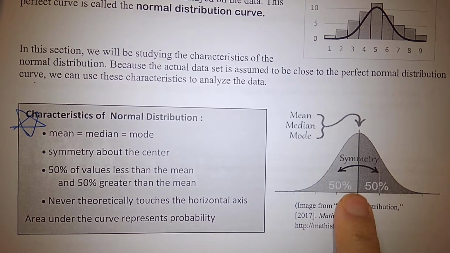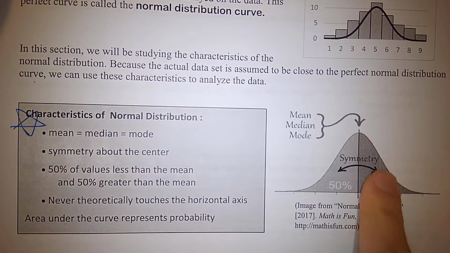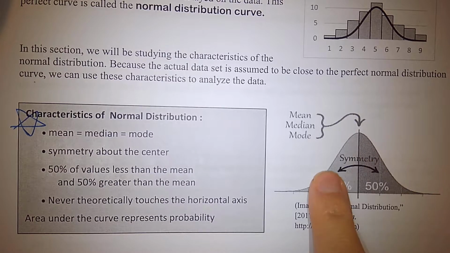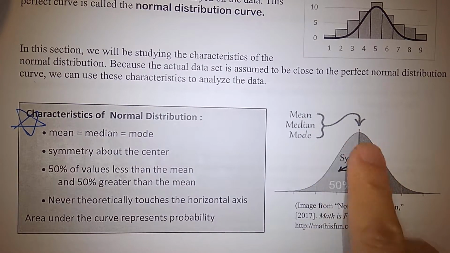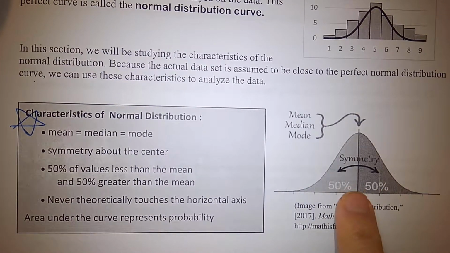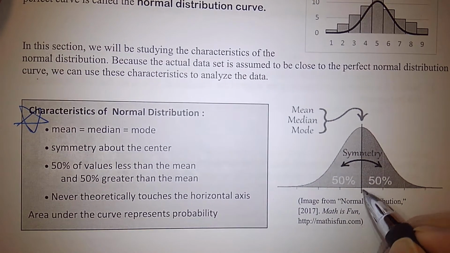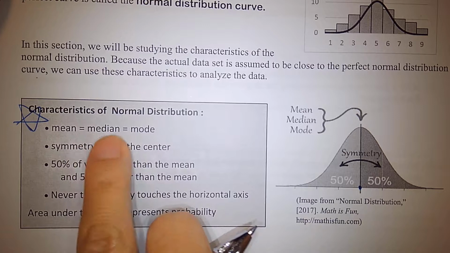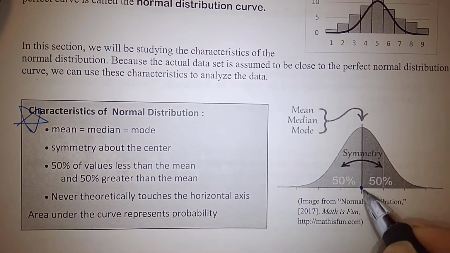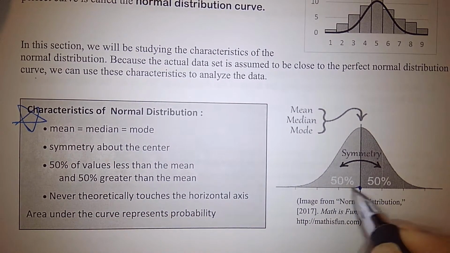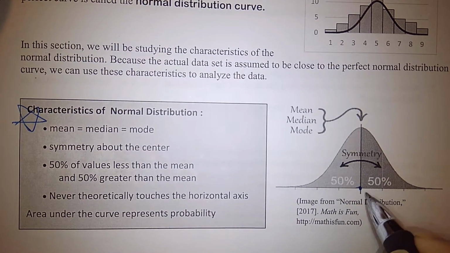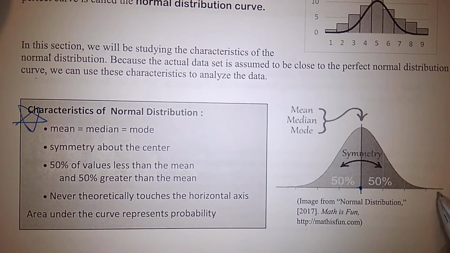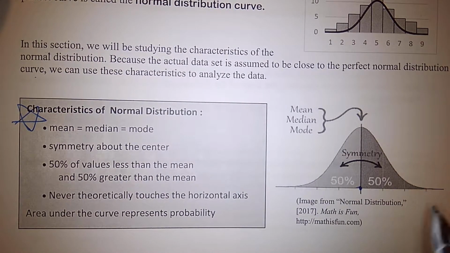They're also symmetric about the center. Data values spread out symmetrically about the center. If this is the mean, median, mode, then 50% of data values will be less than the mean, and 50% of data values will be what? Greater than the mean.